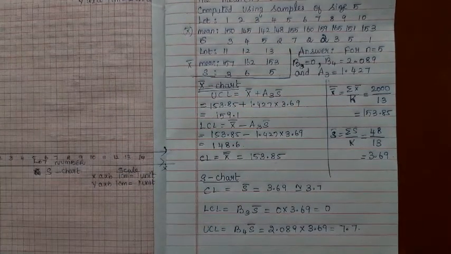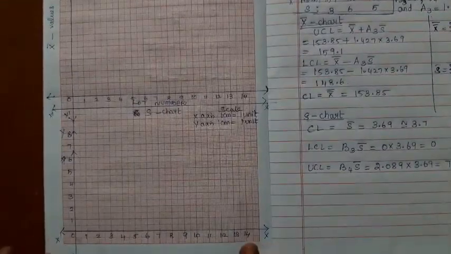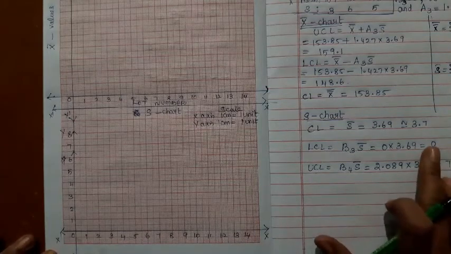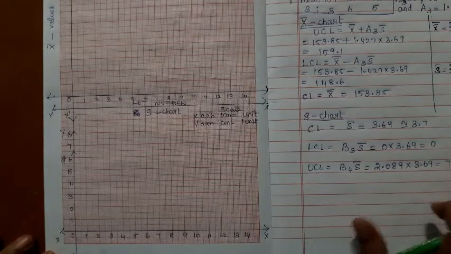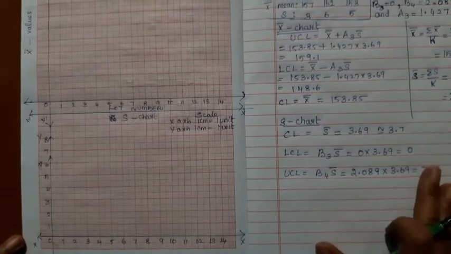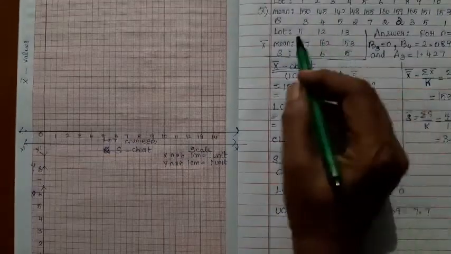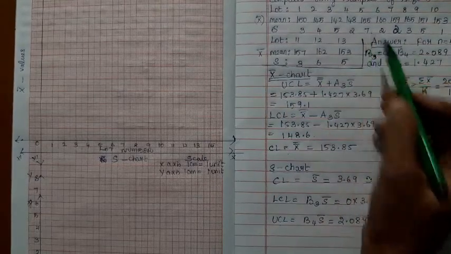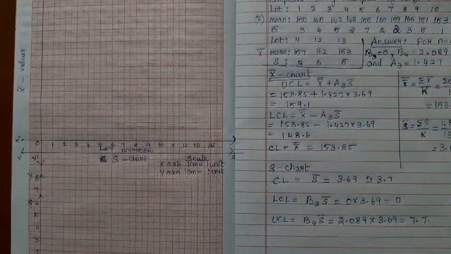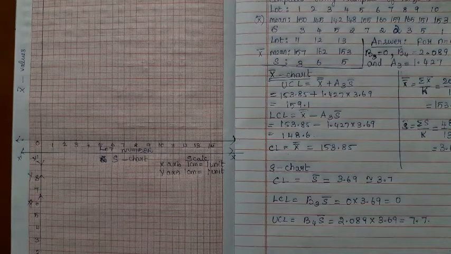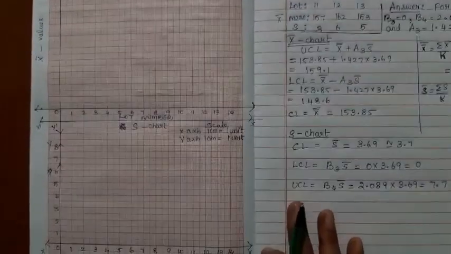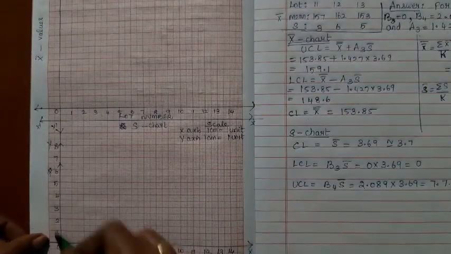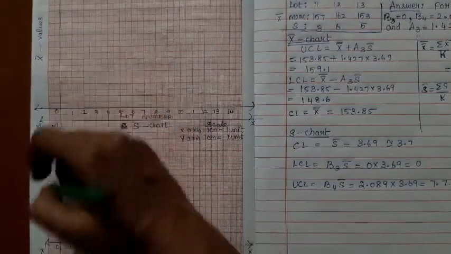Now let us come to the chart. Here I am constructing the S chart. For the S chart, the maximum value is 7.7, the upper control limit. Also, in the given question, the least S value is 1 and the highest value is 7. So I should select a range in such a way that a maximum of 7 is accommodated. I have taken the scale as 1 unit on the y-axis: 1, 2, 3, 4, 5, 6, 7, and I go up to 8.